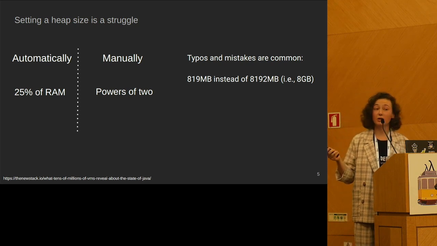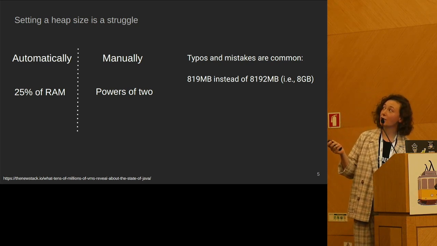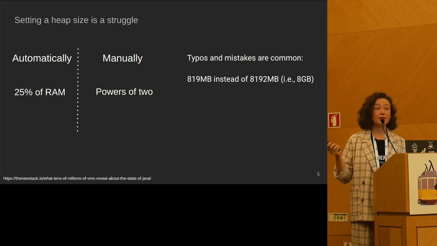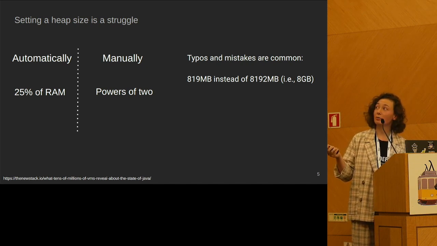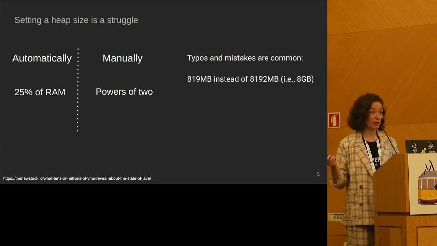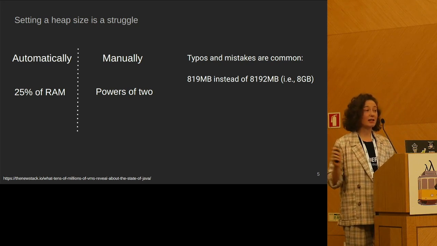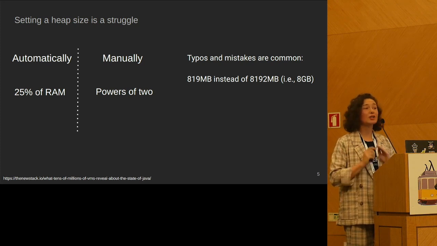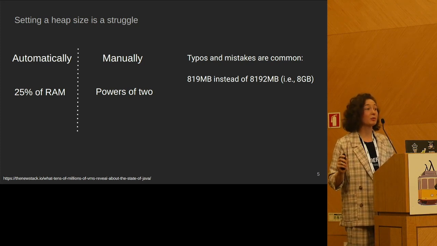For example, in almost 3% of cases, instead of 8,192 megabytes, because of a simple typo, programmers gave their programs more than 8 times less memory. It just showcases that as end users, we are not very good at setting up this parameter. And no wonder, there are no guidelines.